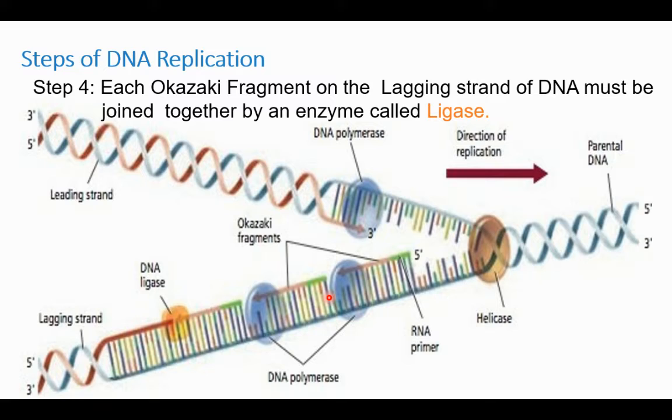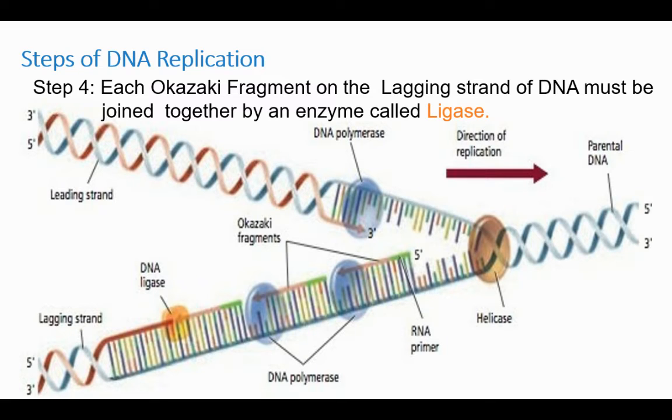Once it's already produced, you have another enzyme that will check. Yung enzyme is an exonuclease, hindi ko na pala naisama dyan. It's an exonuclease that will remove yung mga RNA primer. So tatanggalin yan dyan.